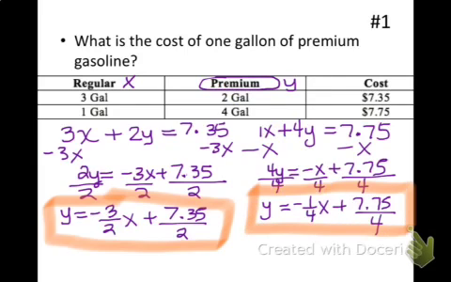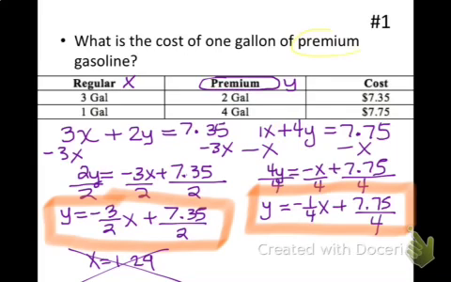Once I do that, you can go to your calculator, put both of these into your y equals function, and then use the intersection. Once you do that, you're going to get that X is equal to 129, but we don't care about that because X is regular.